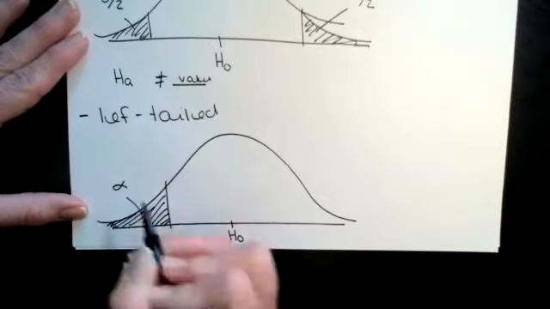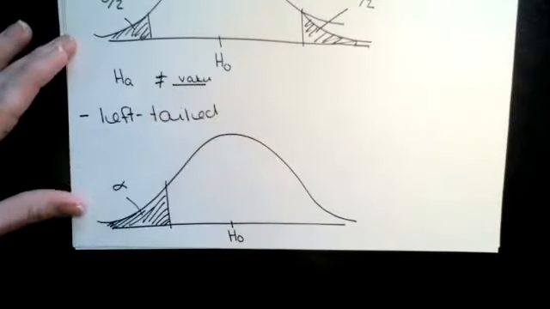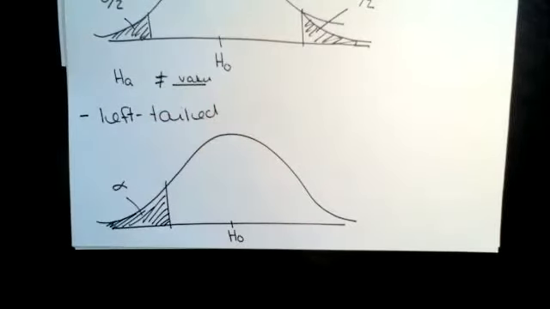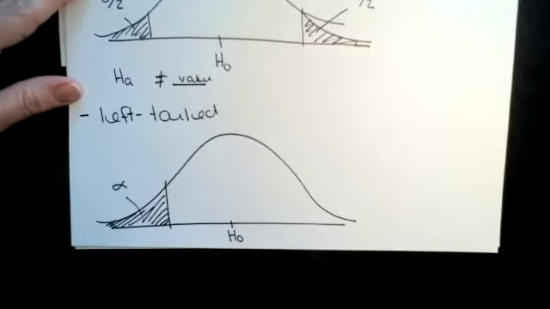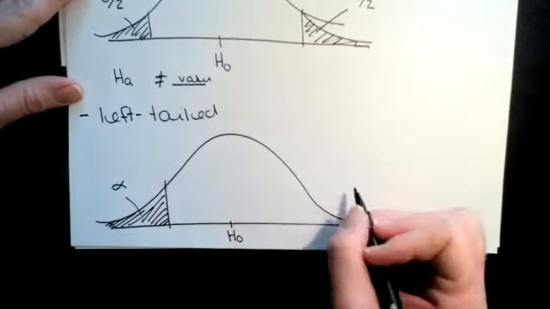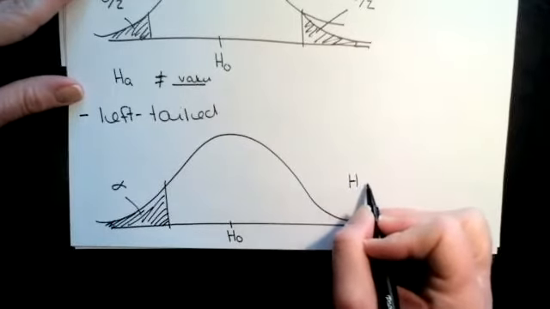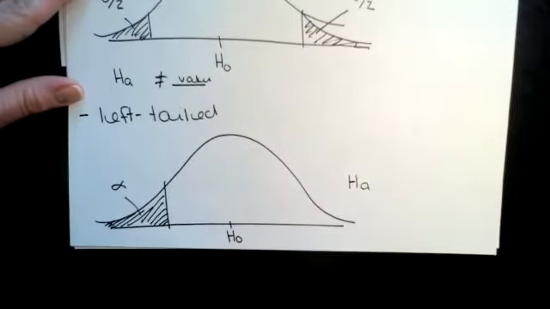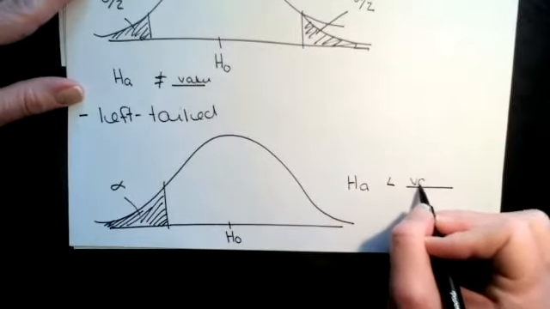This is just alpha alone because it's just all to the left. Okay. Oops, forgot my T in the word left. I can't tell you how many times, well, you know, because you watch me write, how many times those things happen because I'm just thinking ahead. I apologize. So here, I'm sorry, I ran out of room. I'm going to write it to the right. I like to keep my notes consistent. But anyways, this is where my HA is less than some value.